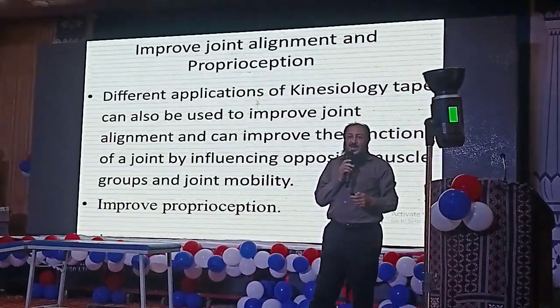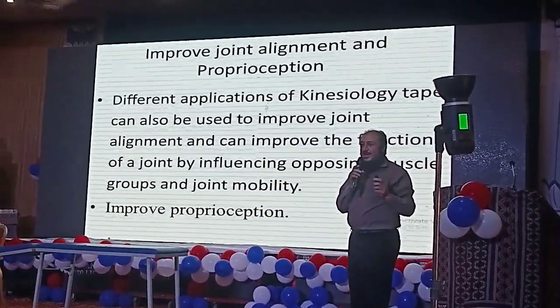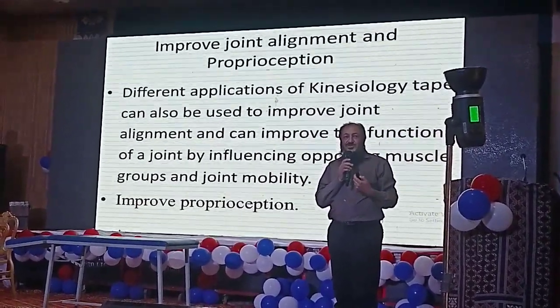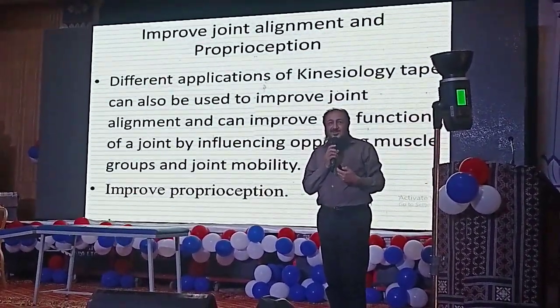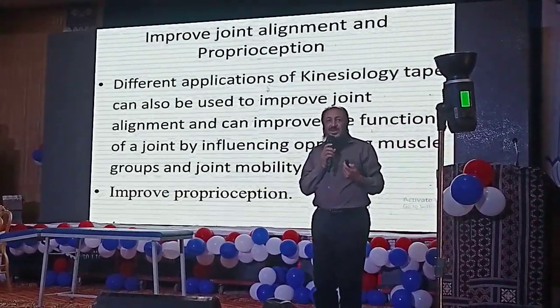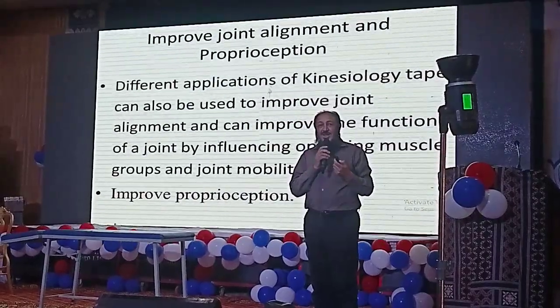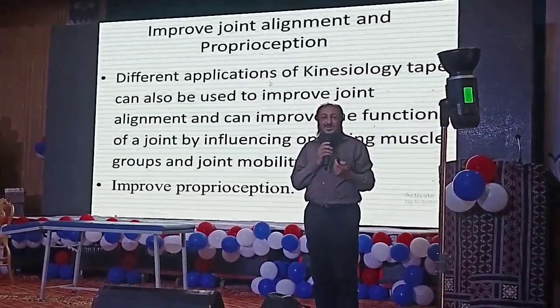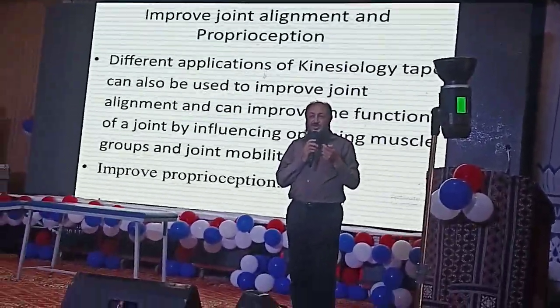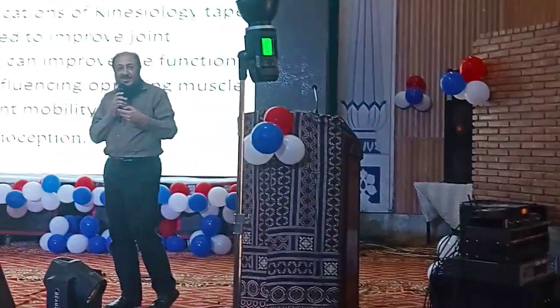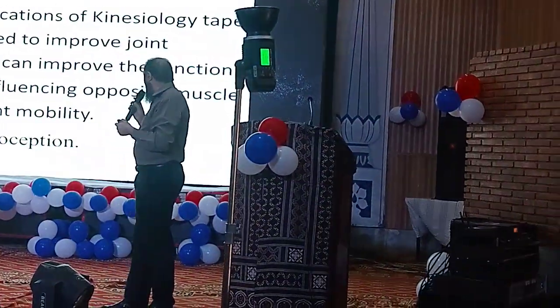So if you can close your eyes and sense where your joint is, if you have good proprioception, the chances are that your recovery will be fast. But a lot of people, even with the stroke we were talking about, lose their proprioception. So there are some strategies which you can use to improve your proprioception that will allow your rehabilitation process to be more robust. So that's all you can use.